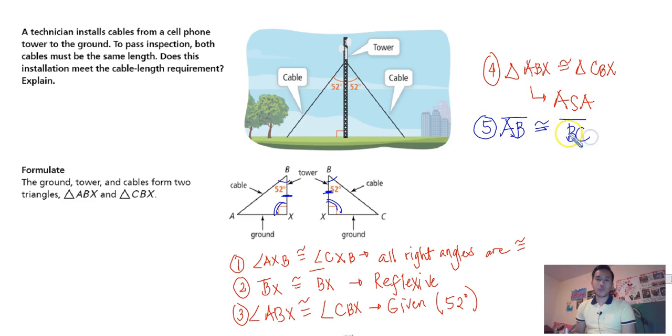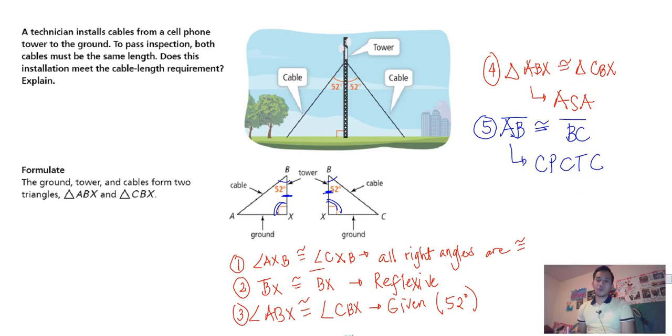The question is, do we have enough justification why the cable AB is congruent to BC? It is because of CPCTC, which is corresponding parts of congruent triangles are congruent. Because you have already proven that these two triangles are congruent by virtue of ASA, therefore every single part of these congruent triangles must also be congruent.